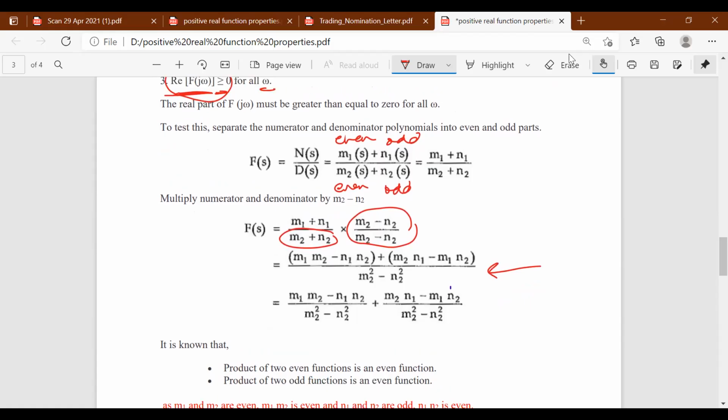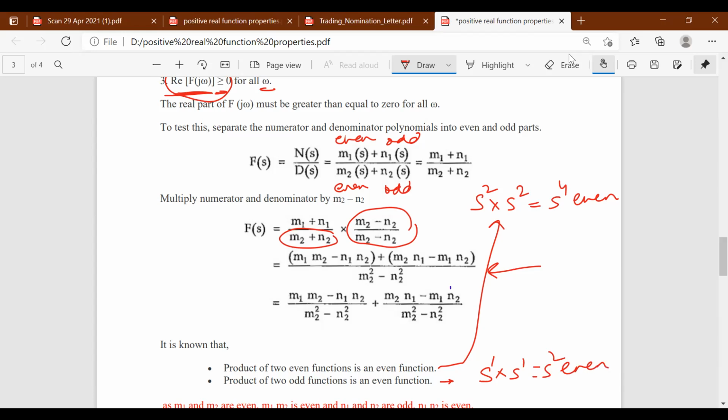Now you just see that if there is some even power of s and it is multiplied by an even power of s, then the result will always be even. You can take any example for this. Similarly, if you multiply an odd function with an odd function, again you are going to get an even function.